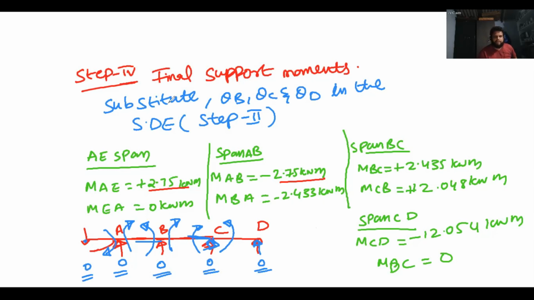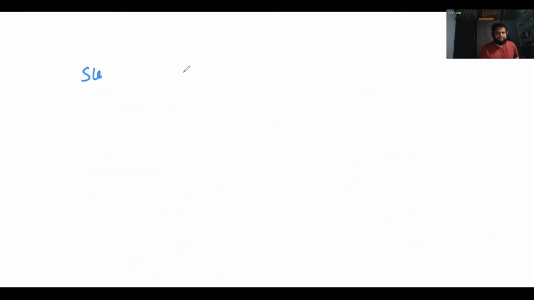Okay. So once after doing this, what is our final step? Our final step is drawing the bending moment diagram. So first let me draw the bending moment diagram and we'll close it. So step 5, plotting bending moment diagram.